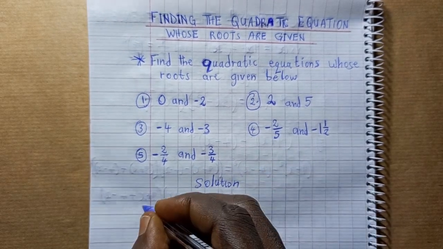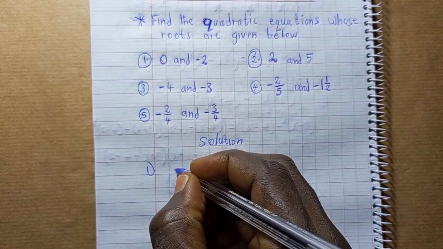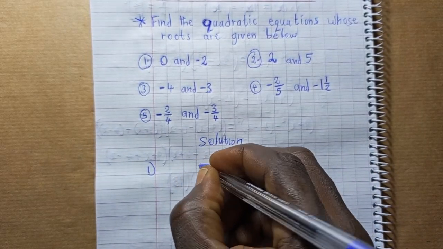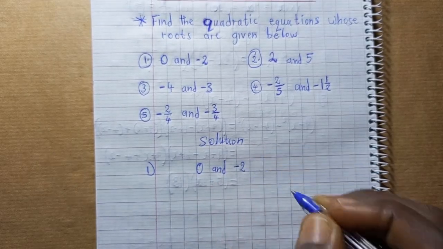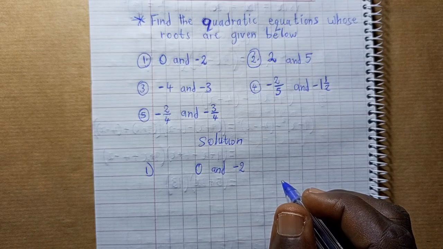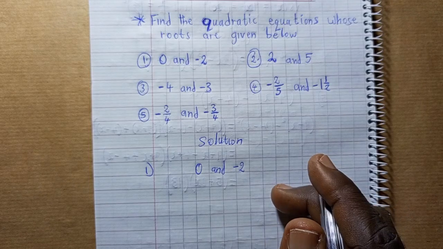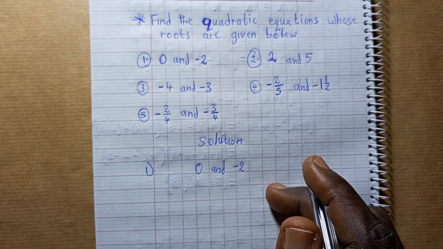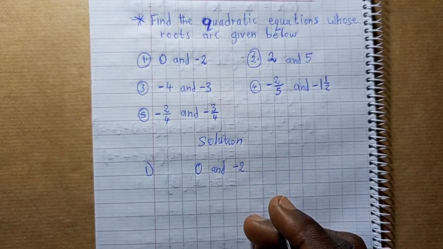Solution number one. For the number one, we have the roots are 0 and minus 2. Now, I'm going to be working with variable x. You can use any variable of your choice, maybe a, b, y, c, any variable of your choice.